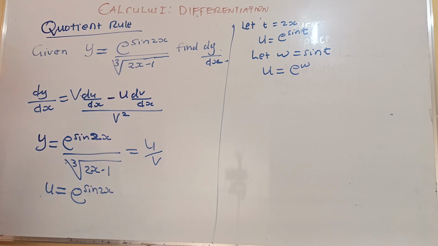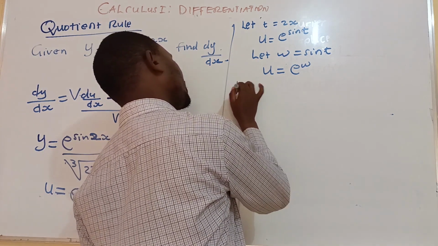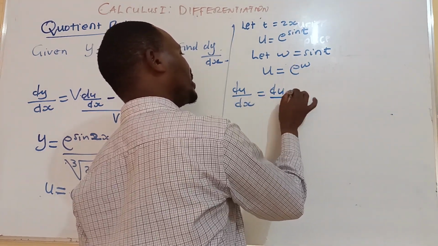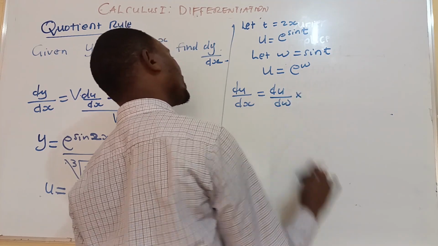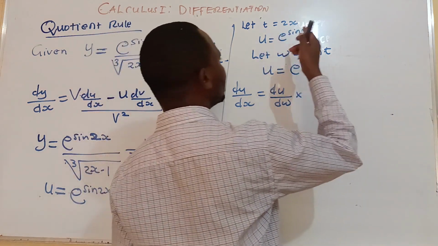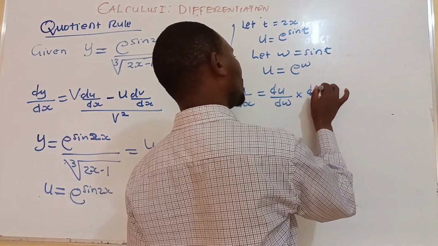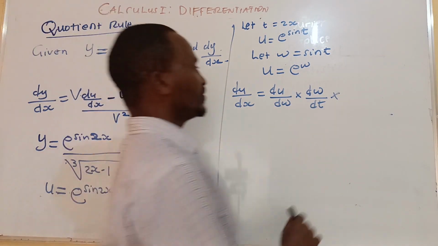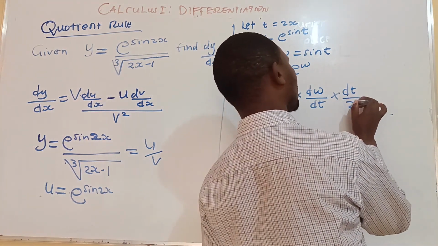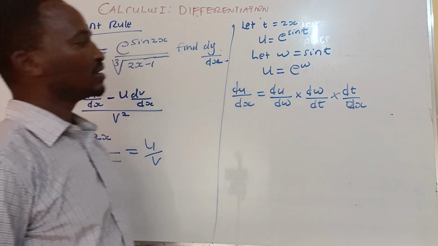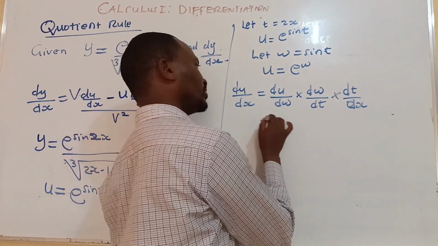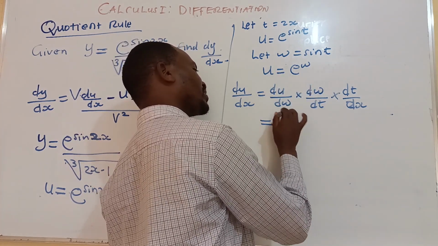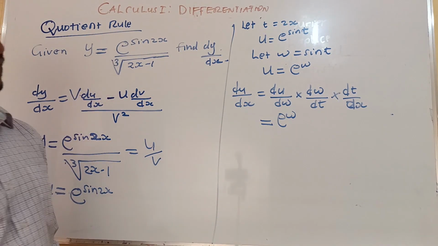Now du/dx will be the derivative of u with respect to w, du/dw, times the derivative of w with respect to t, dw/dt, times the derivative of t with respect to x. If you differentiate exponential w, it will be exponential w, because you are differentiating with respect to w.